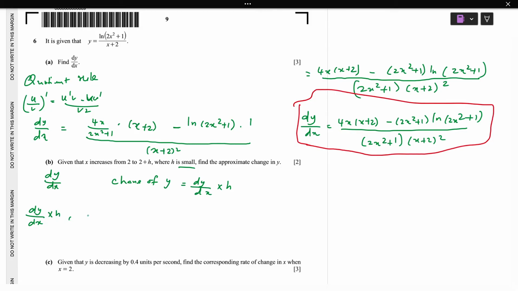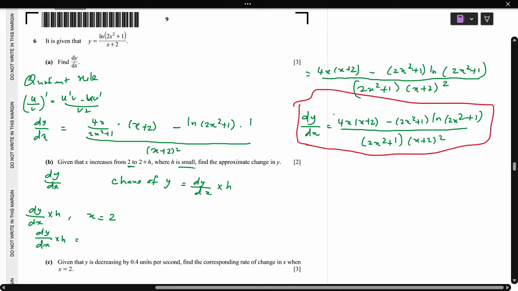Here x equals 2 is given. So I'll substitute into dy by dx times h. The dy by dx we already found, so I'll substitute 2 for x in the entire thing.